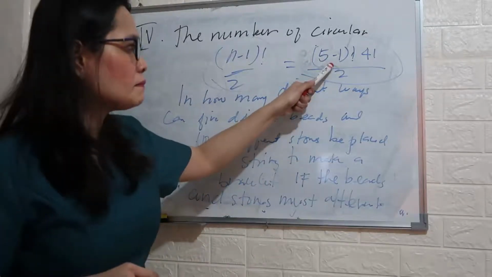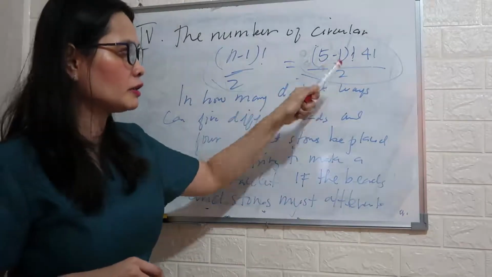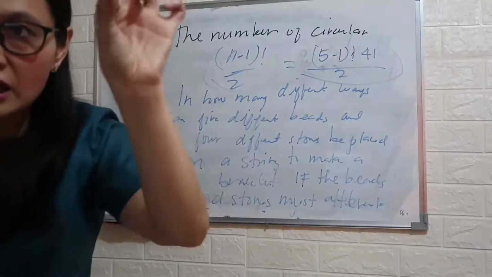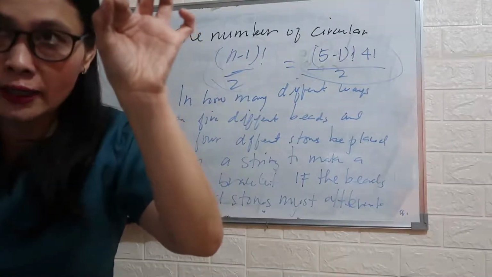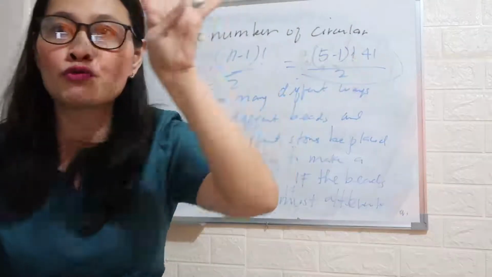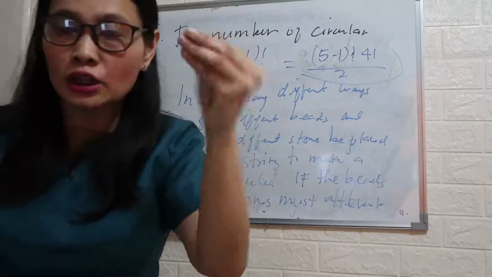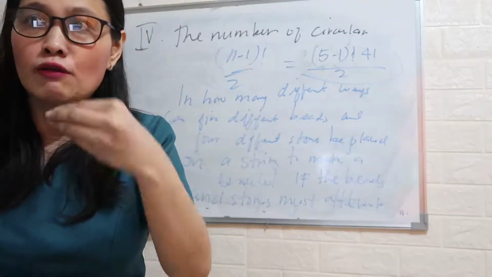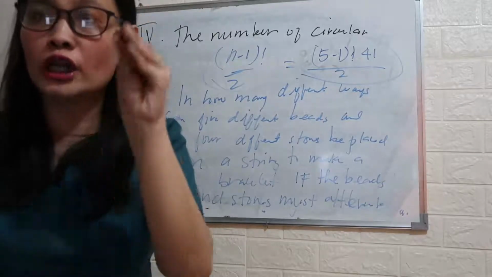Ito. 5 minus 1 factorial multiplied by 4 factorial divided by 2. 5 minus 1 because dun sa 5 na beads, we need to determine the starting point. Am I right? The starting point. So we have 5 minus 1 factorial. And then the 4 stones, you can arrange it. You can switch it, for 4 factorial ways.